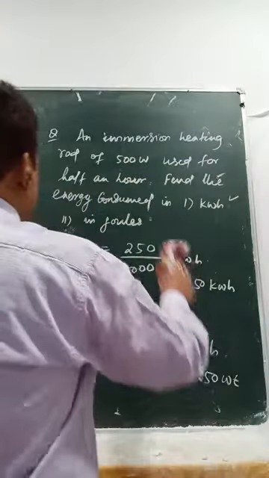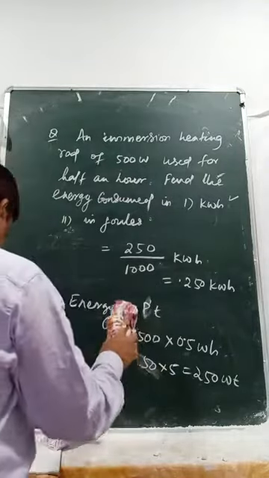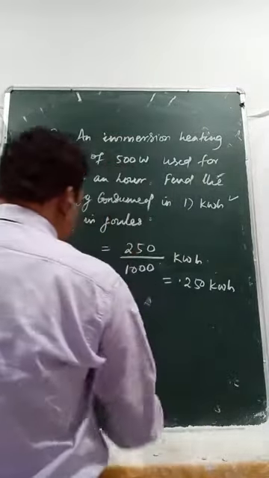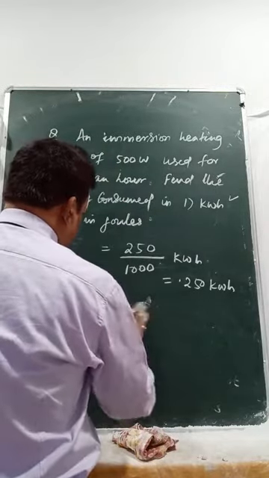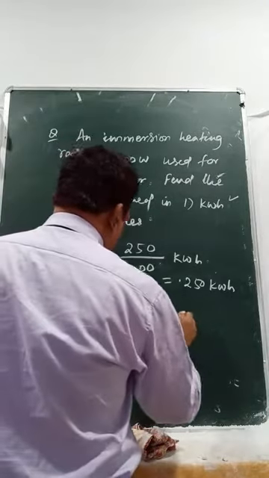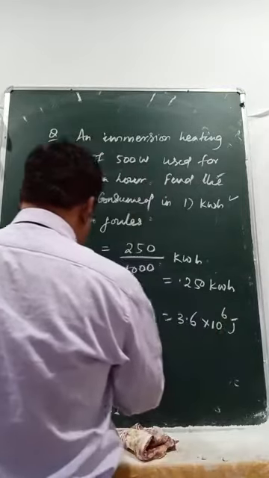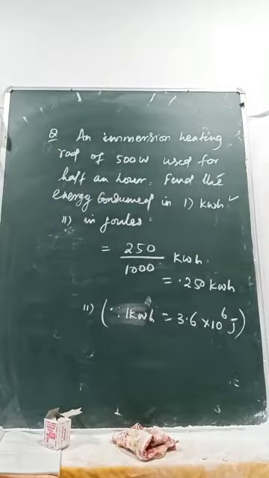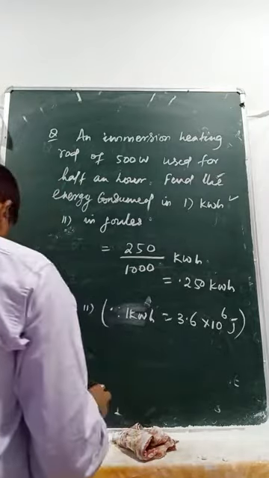Okay, now again, what you will find in joules. You have to remember 1 kilowatt hour equals 3.6 into 10 to the power 6 joule. This you have to remember. So that will be how much?